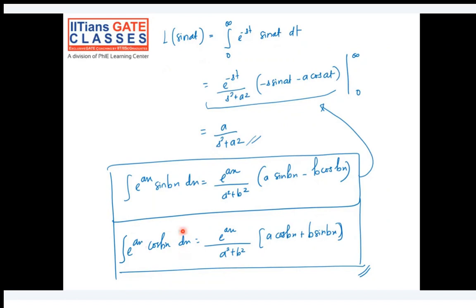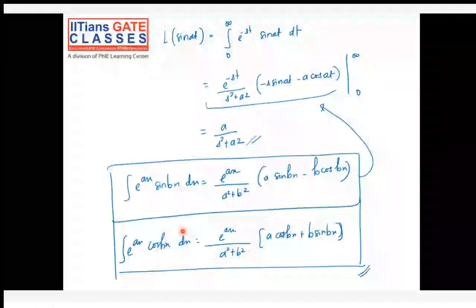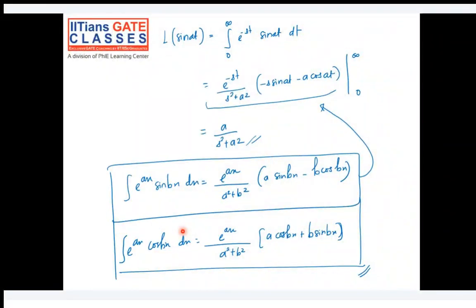This is just for your information. You are not supposed to remember these derivations or spend time on them. If you know the standard results and the basics behind how they are derived, that's enough. The expectation is that you should remember the standard results.